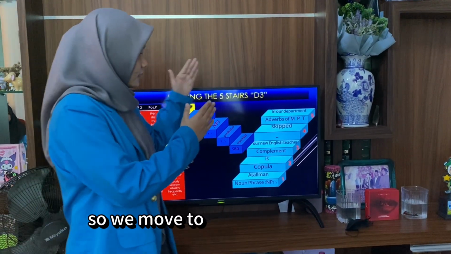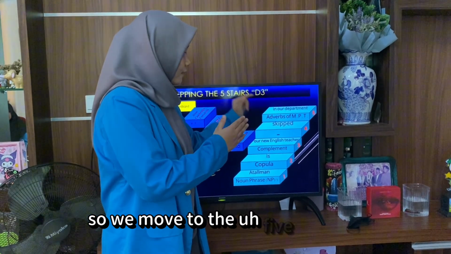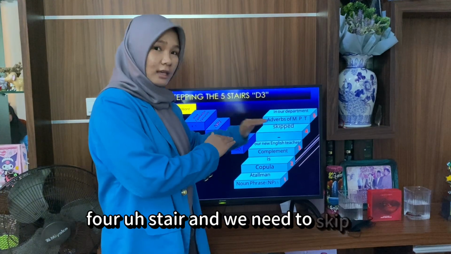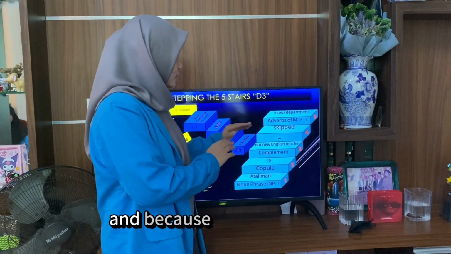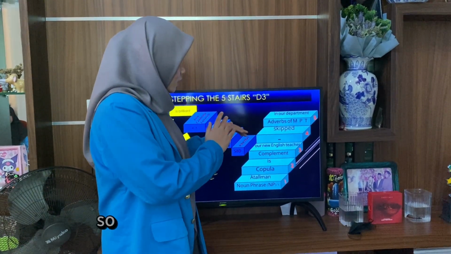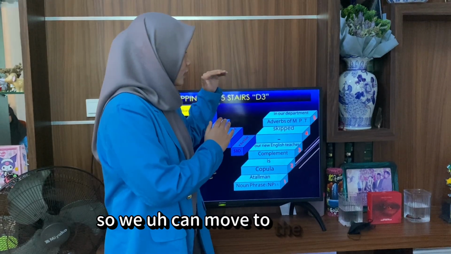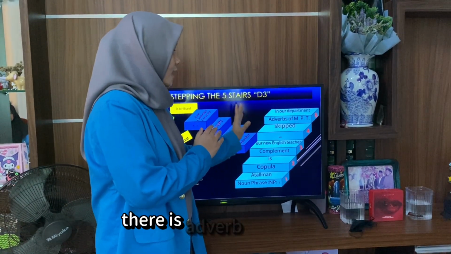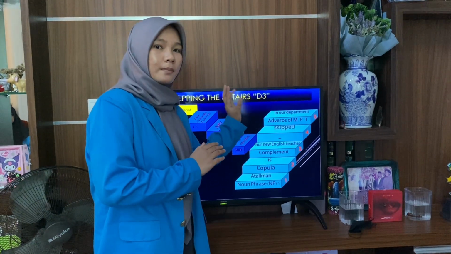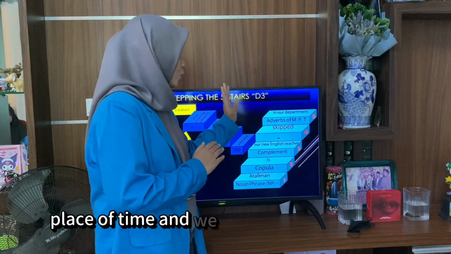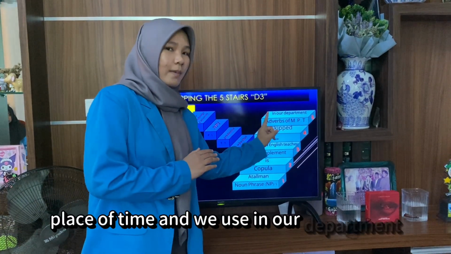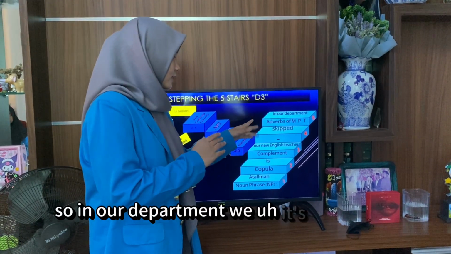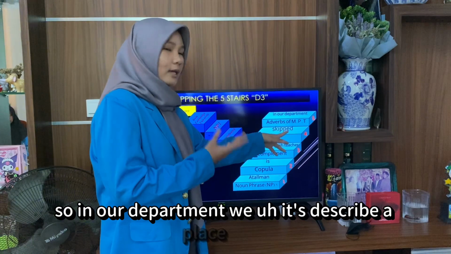So we move to stair 4, and we need to skip it because it is always empty, so we can move to stair 5. There is adverb of manner, place, or time, and we use in our department. So in our department, it describes a place.